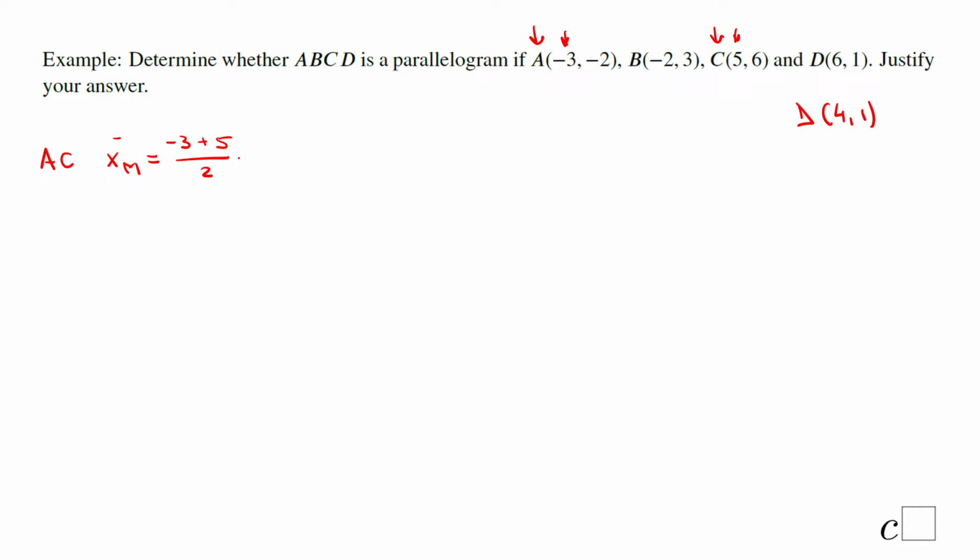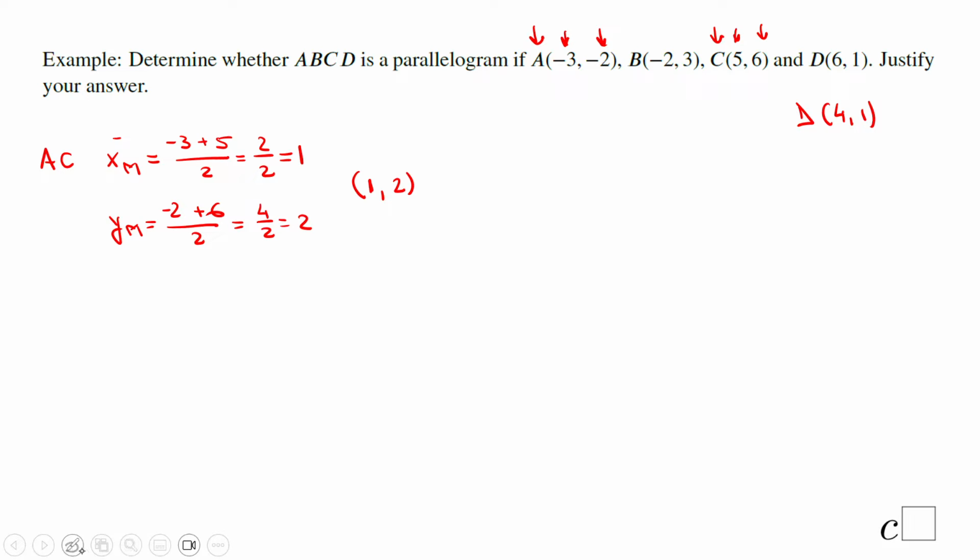That will be 2 over 2, and that will be 1. Well, let's find the y coordinate of the midpoint. We add the y coordinates, this -2 and this 6, and that will be 4 over 2, which will be 2. So this midpoint is going to have the coordinates 1 and 2.